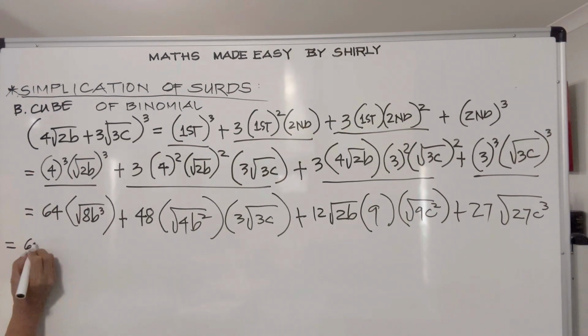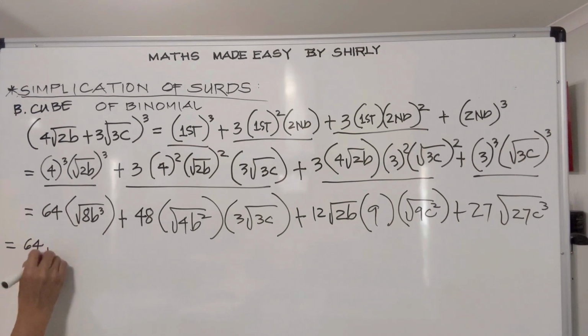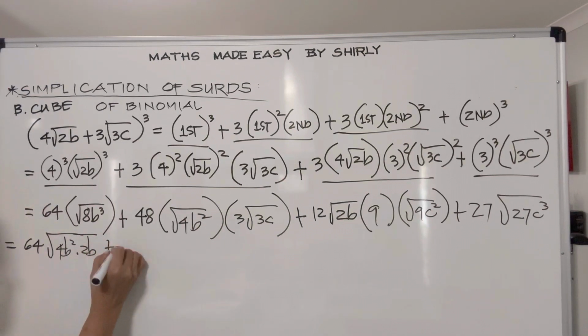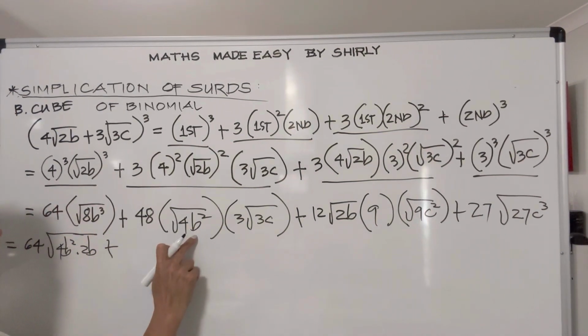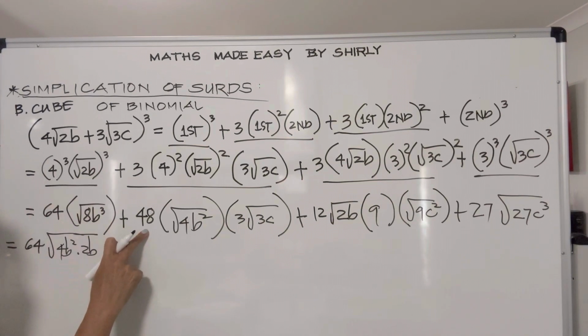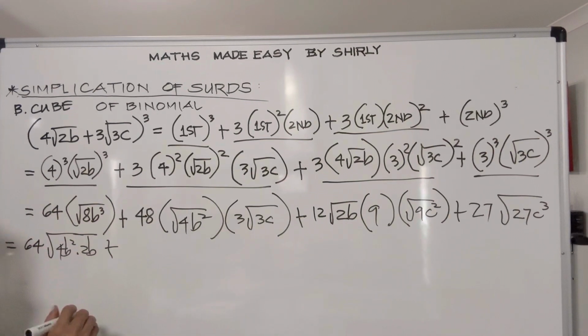So we have 64. We can rename 8b cubed as the square root of 4b squared and 2b. Plus, we square, get the square root of 4b squared, and that is 2b, multiplied by 48, that becomes 96, times 3, that is 288.